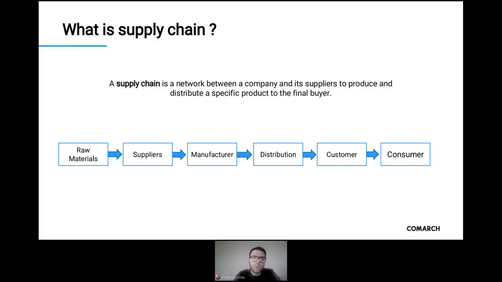As we all know, supply chain is defined as the entire process of producing and selling commercial goods, which includes different stages, as we can see from the slide: from the supply of materials to the production of goods, through to distribution and sale. Successfully managing the supply chain is a very critical stage for any company that wants to be competitive.